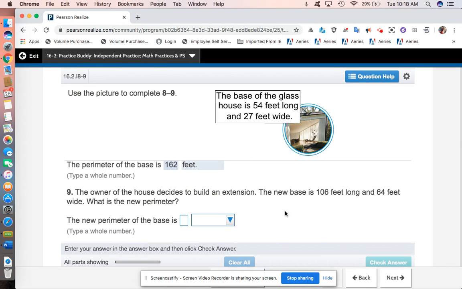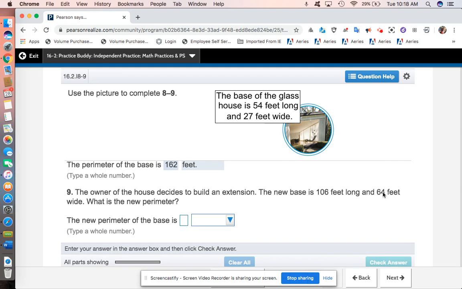Okay, now we're going to build an extension. Now the new house is 106, so the top and the bottom are 106. 106 plus 106 is 212. I had to add 106 and 106 together. Then I added 64 plus 64. That's 128.